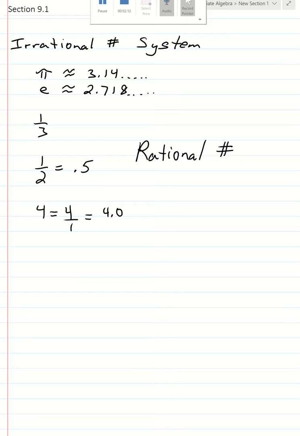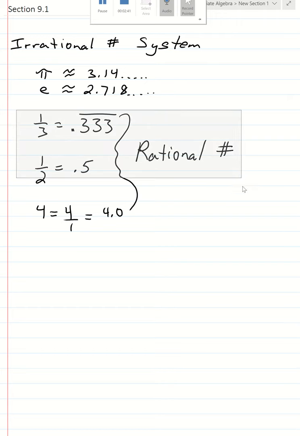All right, that's the decimal equivalent. 1/3 is considered a rational number because it is 0.333 repeating. All right, so these three numbers are considered rational because they either end or they repeat, whereas numbers that never end nor do they ever repeat, they are considered irrational numbers.